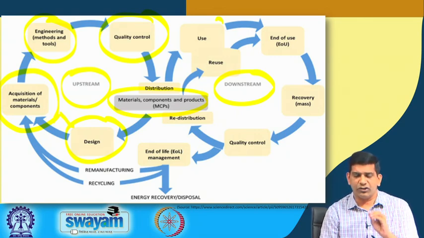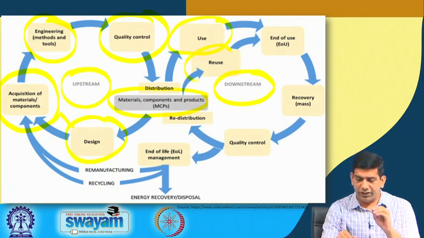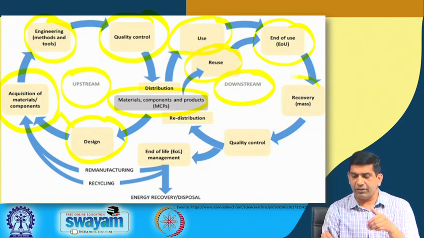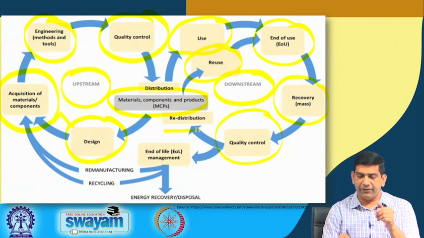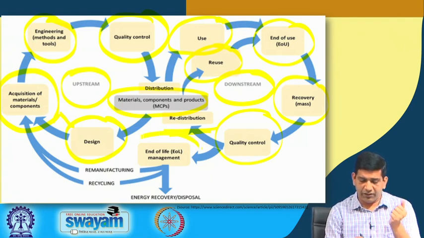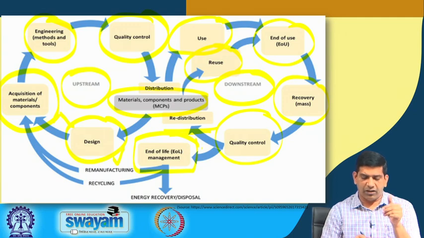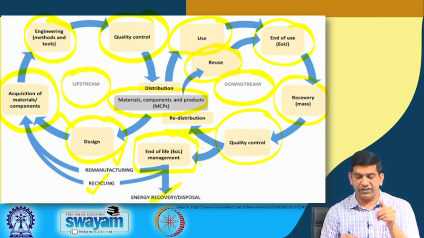Then you come to distribution, you put it in use and reuse, then you have end of use, and you try to recover the material. Here also you will have some quality control, you may have some redistribution of the material going back into the economy, and some which cannot go comes to end of life management. In end of life management, there could be remanufacturing, recycling, energy recovery or disposal.